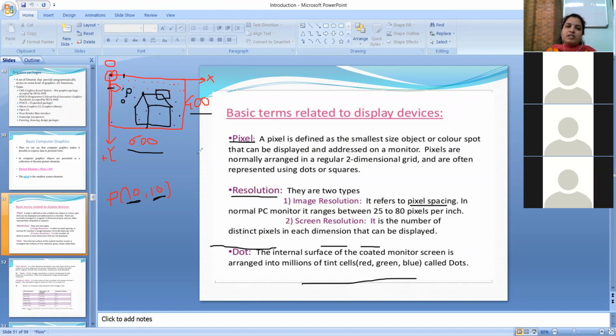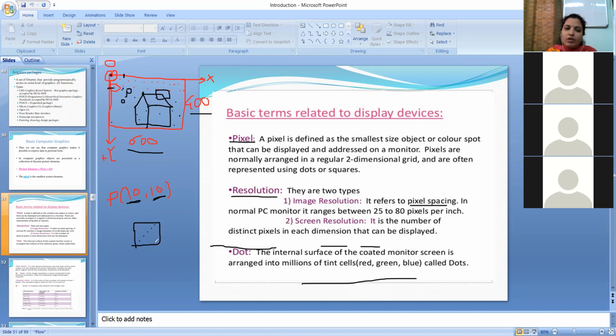If 80 pixels are there in the 1 inch area, that means the picture quality is good. For example, let's say this is a 1 inch area in which I have 25 pixels.